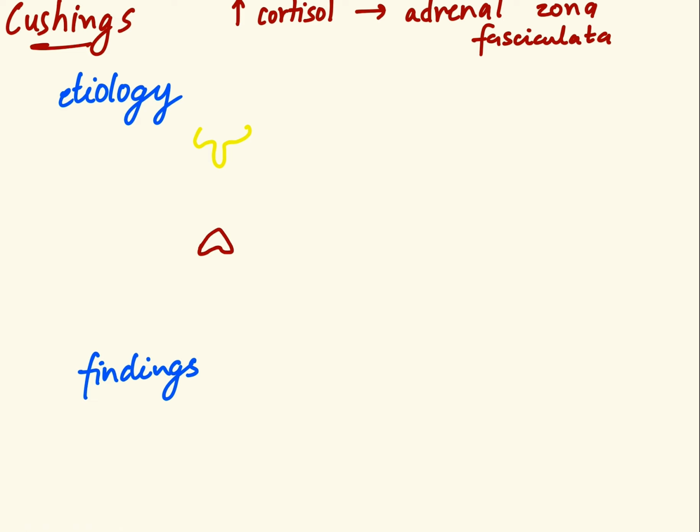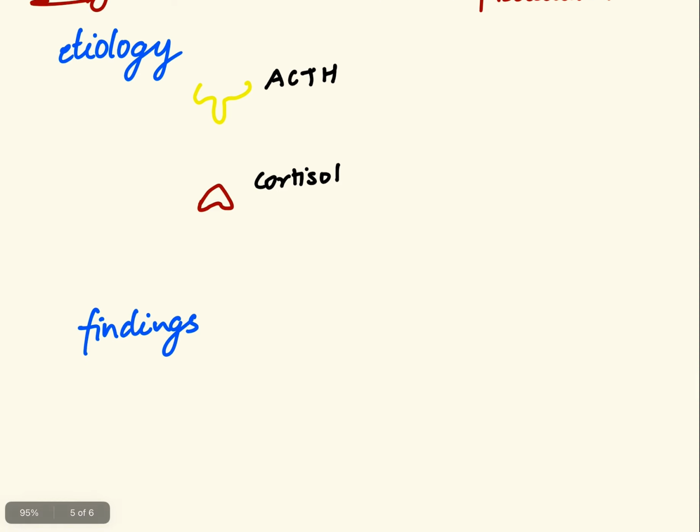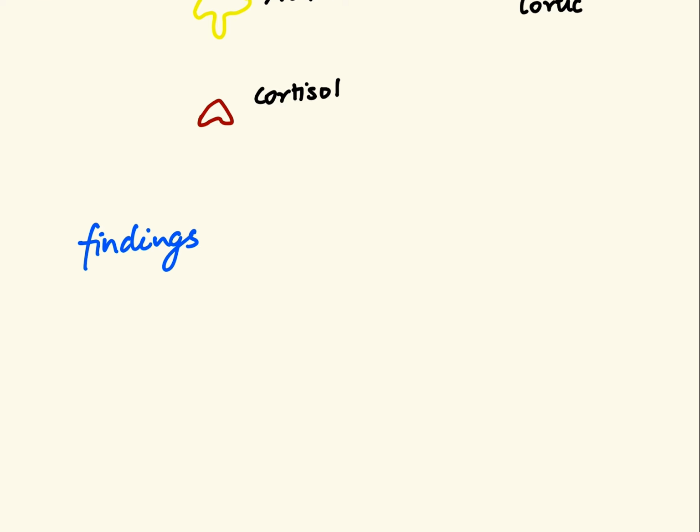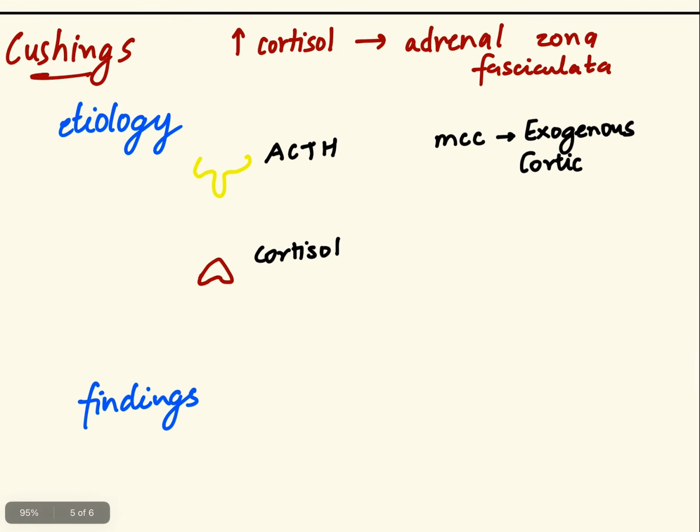So pituitary will secrete what? ACTH, and adrenal will secrete cortisol. So the most common cause of hypercortisolism is exogenous corticosteroids. जो हम बाहर से स्टेरॉइड्स देते हैं, that is the most common cause of this hypercortisolism.